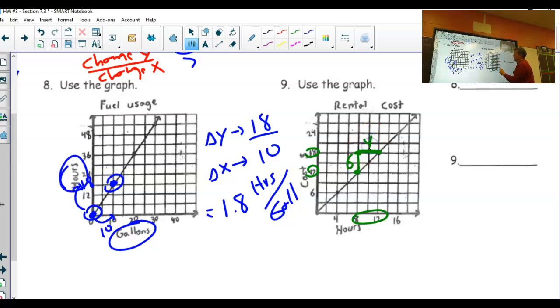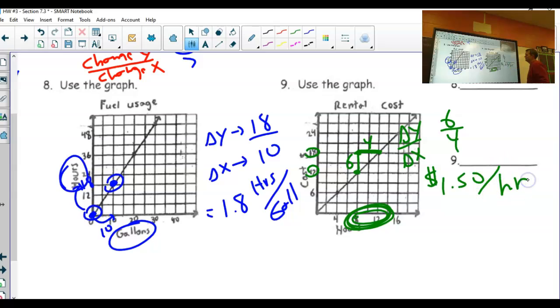That would be 4. All right, I know it's only 2 boxes, but if you look at the scale down here, it goes from 8 to 12. That's 4. So the change in y over the change in x would be 6 over 4, or 1.5. And since this is dollars, I'm going to put a 0 on there, so it's $1.50 per hour. I don't know who's charging $1.50 per hour, but that's not very much.